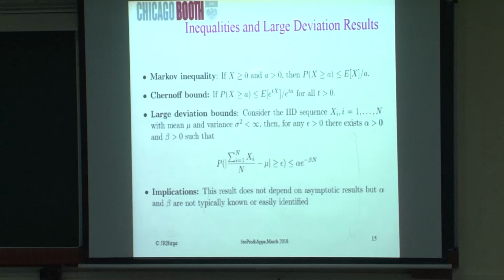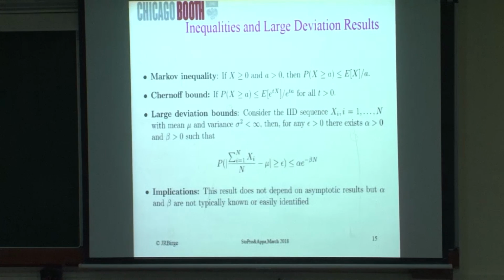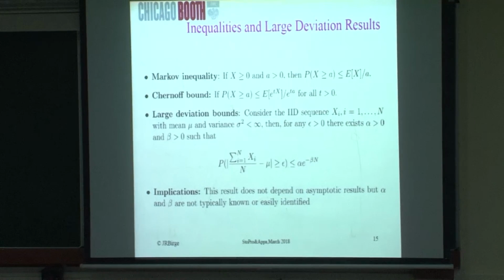Like the Markov inequality: for a non-negative random variable, the probability that it's bigger than a positive number is less than or equal to its mean divided by that number. So this is a result that doesn't depend on any asymptotic results. We can estimate certain probabilities using something like the Markov inequality.